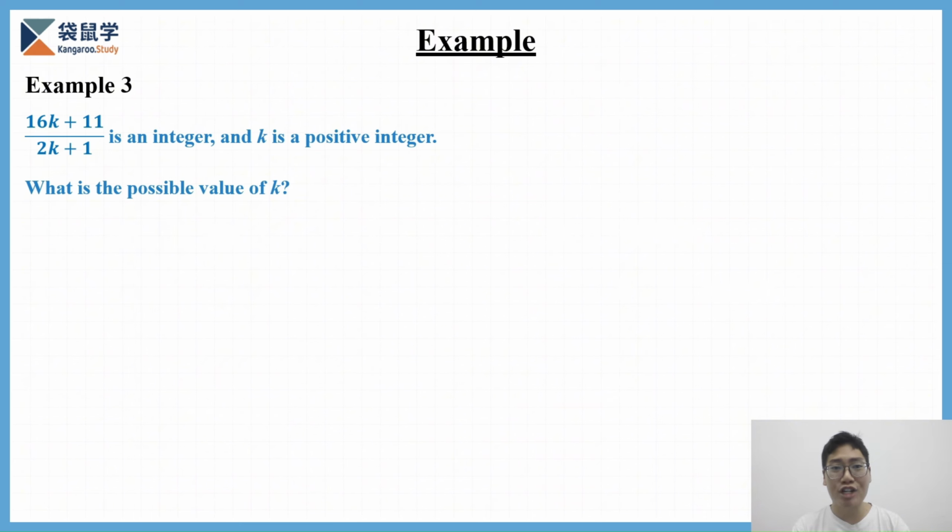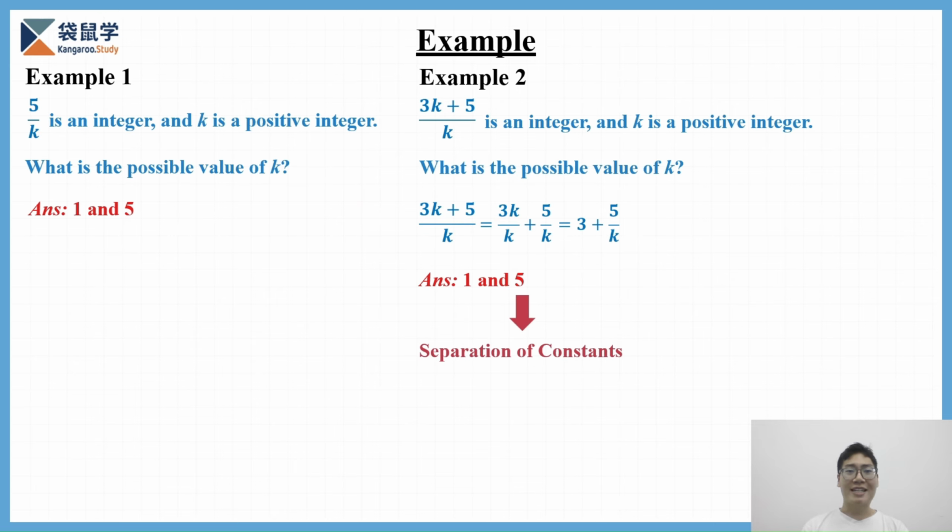Welcome back. If we split these fractions directly, it's very hard for us to find the value of k. So now let's move back to example 2 to see if we can find out anything. In example 2, when we split a complex fraction into an integer and a simple fraction, we actually split it into two simple fractions first.